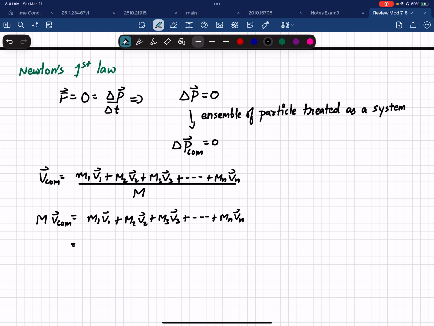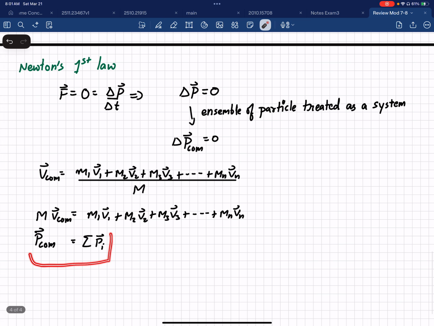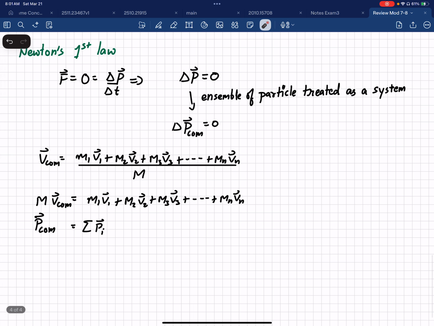In other words, the total momentum of a system is nothing but the momentum of the center of mass. So when we talk about the center of mass momentum being preserved, we are basically mentioning this.